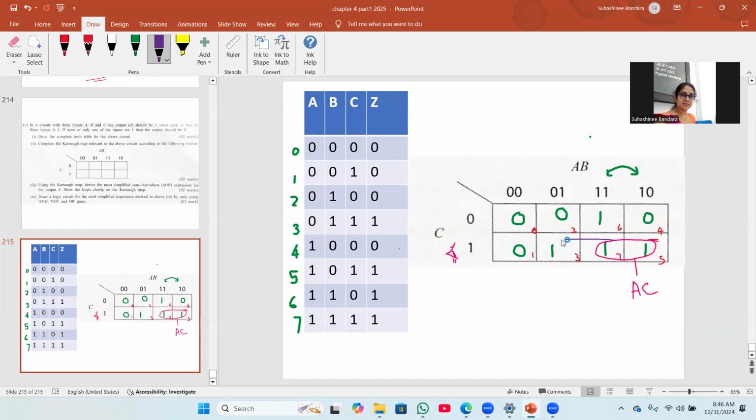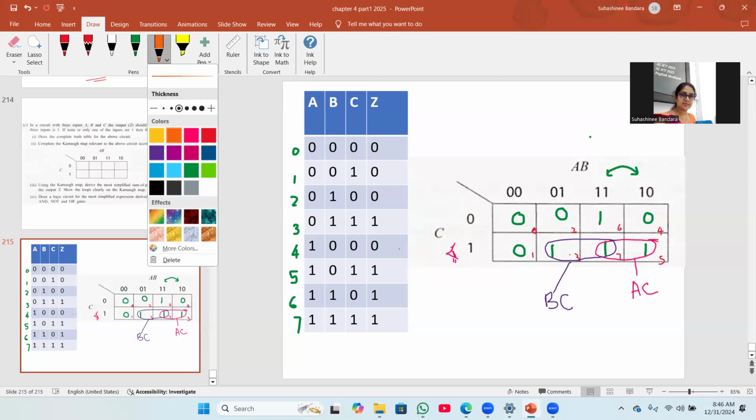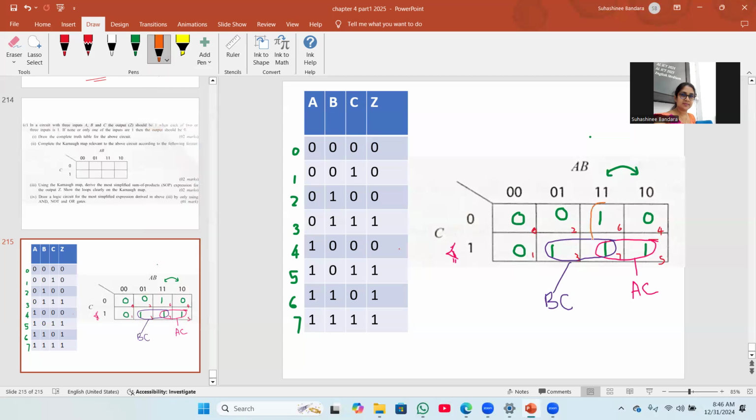This group, again C is there, B is common. Both containing the one B. Then this one, A, B. We can't take the C.